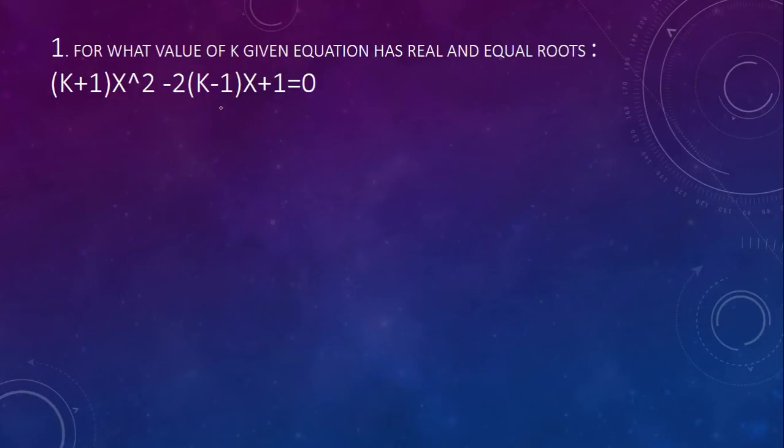Now you know that if an equation has real and equal roots, then what is the condition? D needs to be equal to 0. The discriminant value needs to be equal to 0.